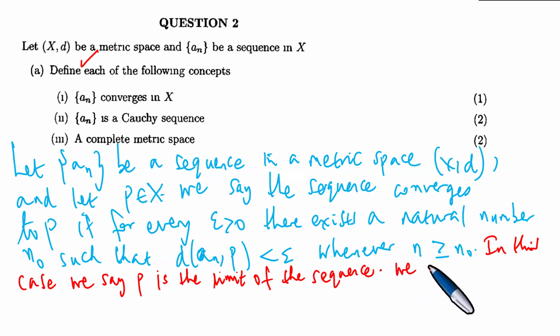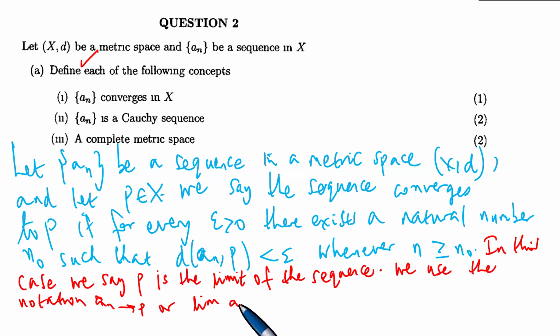We use the notation AN converges to P, or the limit of AN is equal to P. Because you said it converges to P, so this AN converges to P, now we use that notation: the limit of AN is equal to P.